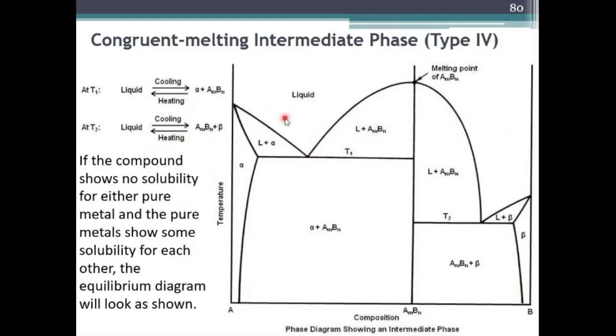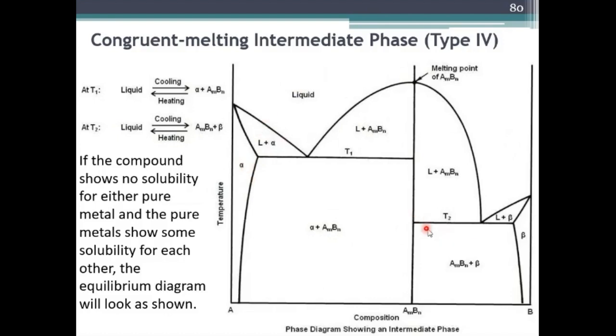See here, A will be here, and where alpha will be, and this is the intermetallic compound AB that will be formed. Below this side will be alpha plus AB, and this is a eutectic point; above it is liquid. Here it is liquid plus AB, here it is alpha, here it is liquid plus alpha, and above it is liquid.